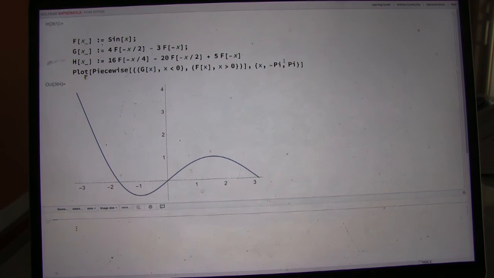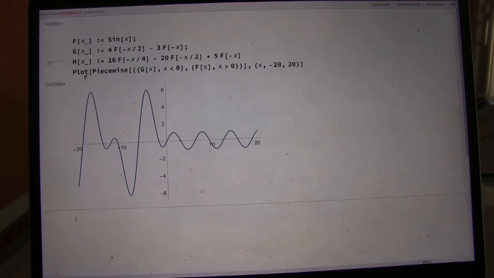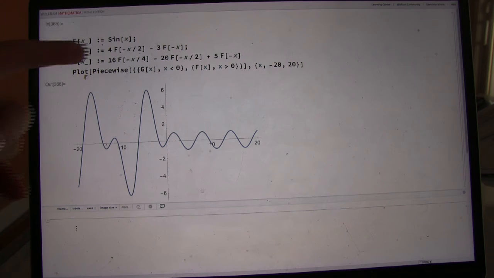Maybe we can zoom way out. How about from -20 to 20? It's interesting. We've looked at composite trig functions before. This side looks like that. Maybe that is to be expected because we are kind of adding sines together. It's just a different wave on the other side, which is kind of cool.